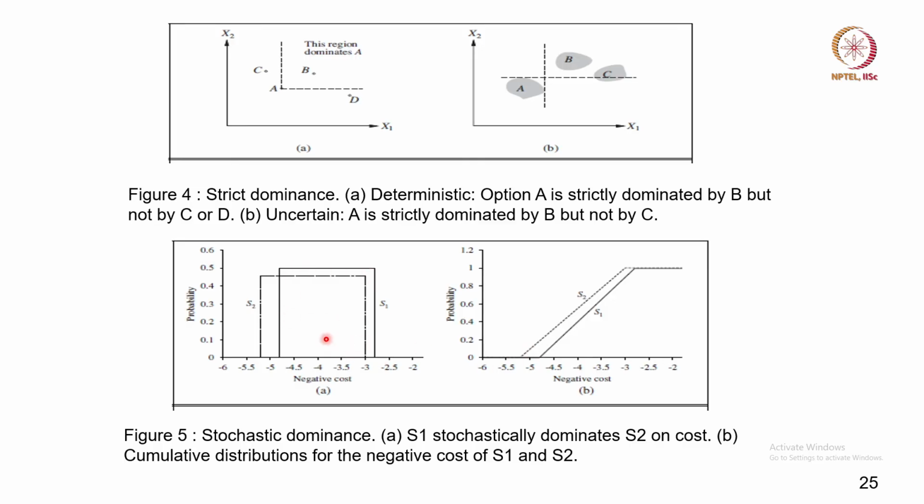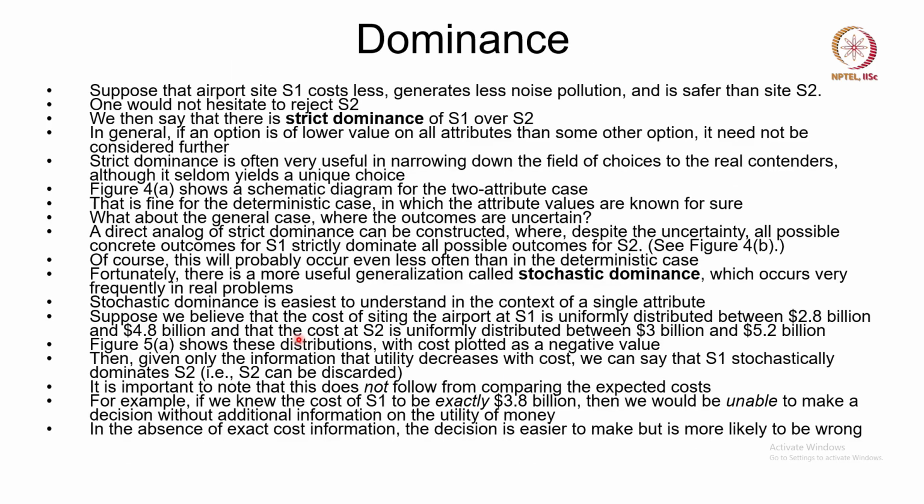In such a case, S1 stochastically dominates S2, which means you are taking all the values at different costs and probabilities into account. So this is the second type of dominance that you can use. In this way also you can prefer S1 over S2 because it stochastically dominates the other one.